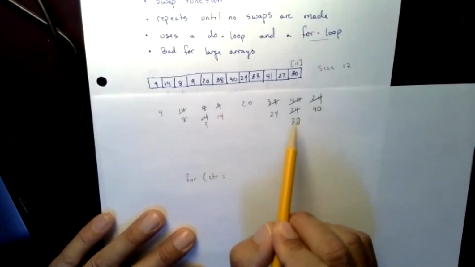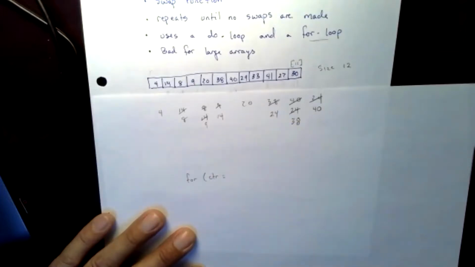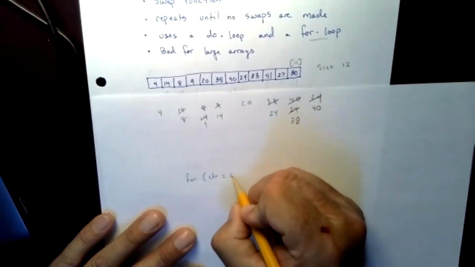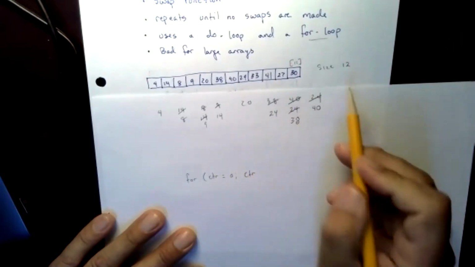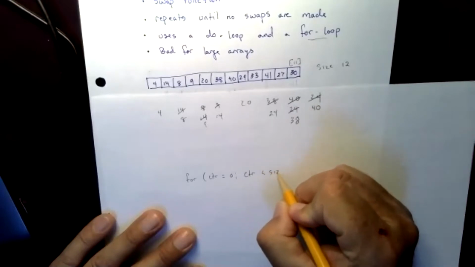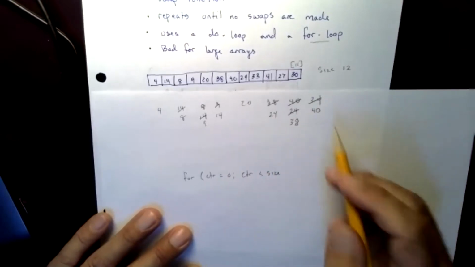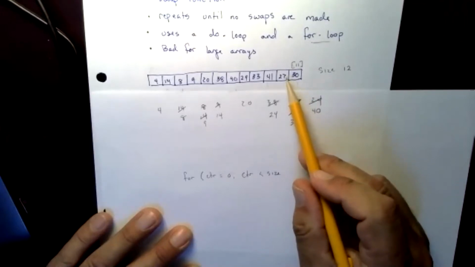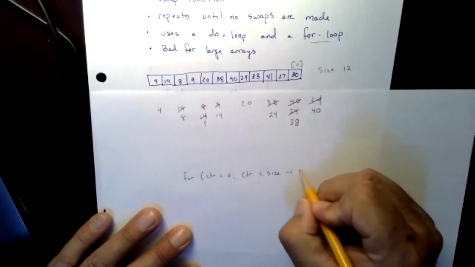So my last time through would be 1 before the end. So that would be from 0 to size minus 2, or less than size minus 1. Yeah, I'm okay with that. So I want to go to 10. So size minus 1, I think, is going to work.